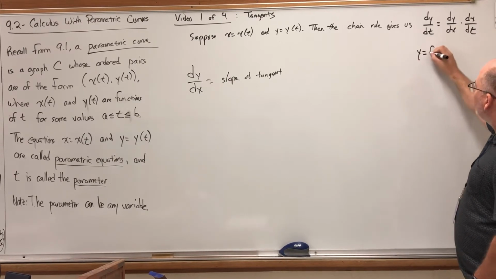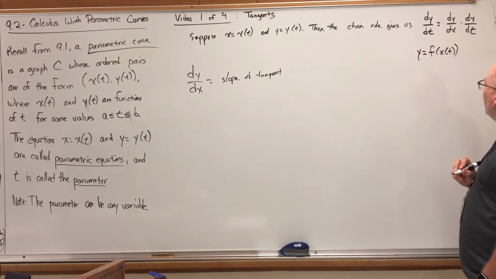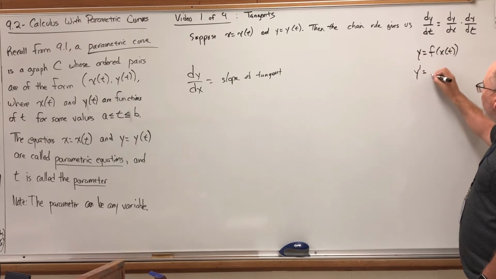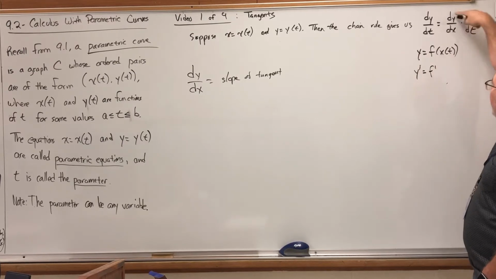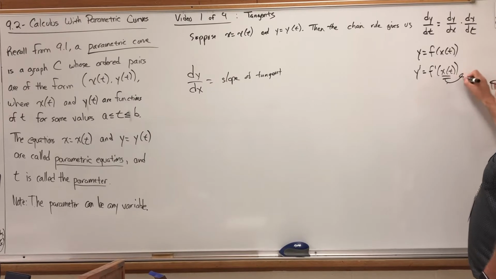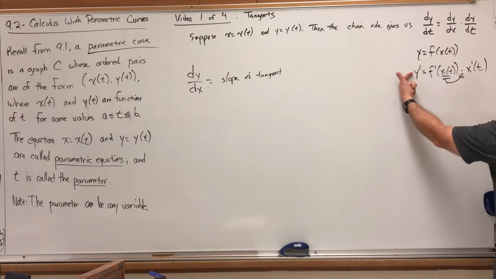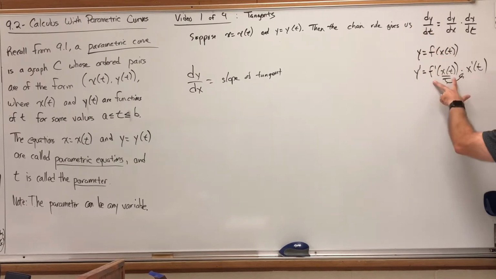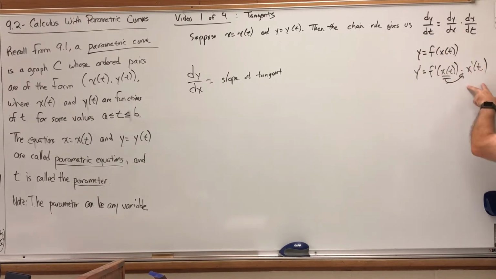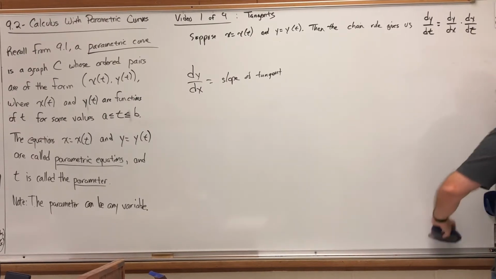If we had y equals a function of x, but x was a function of t, then we would take the derivative by taking the derivative of the outside, that's this, leave the inside alone, and then multiply times the derivative of the inside. Well, here's our derivative there, here's our derivative of the outside, and here's our derivative of the inside. So using the chain rule, we get this relationship between three derivatives.